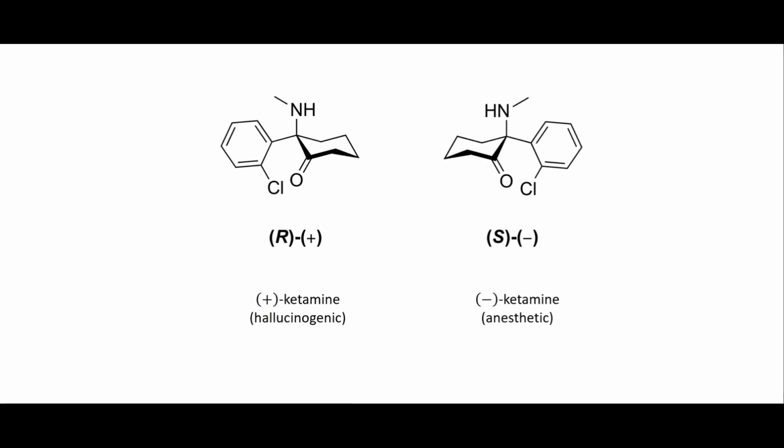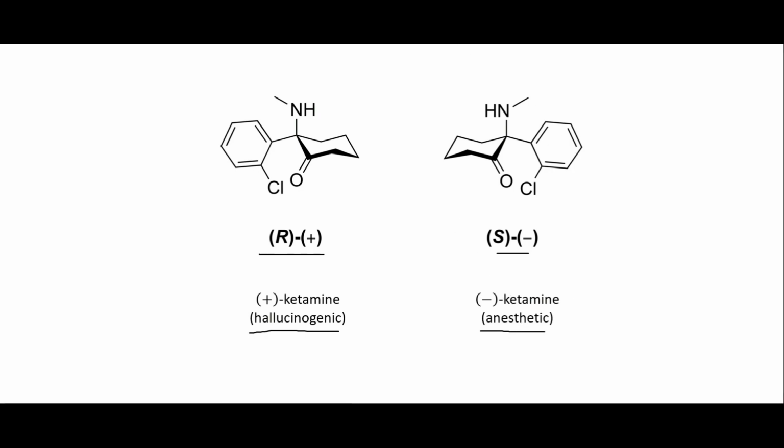And just one more example. So this is ketamine, where if we use the R enantiomer here, it's hallucinogenic. With the S, it has an anesthetic effect. And so most of the time, these are given in a racemic mixture, especially if you're going to be doing it recreationally, you're probably going to get a racemic mixture.